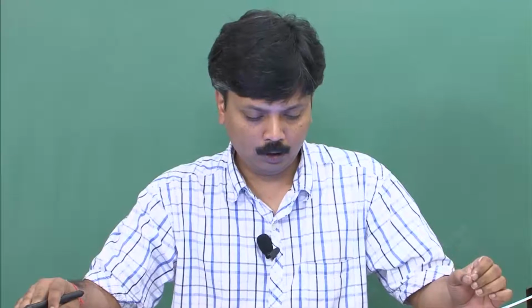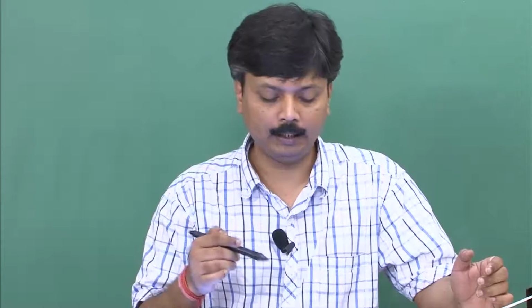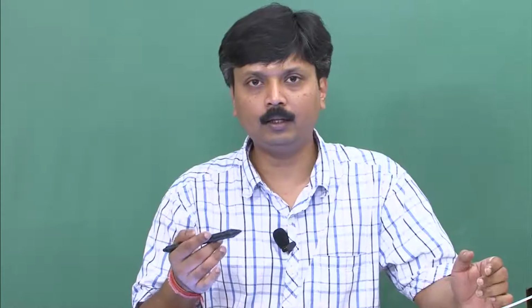So when I talk about S1, S1 is C1 followed by sigma perpendicular. C1 is nothing but identity, so C1 does not do anything, and then we are left with a sigma perpendicular.